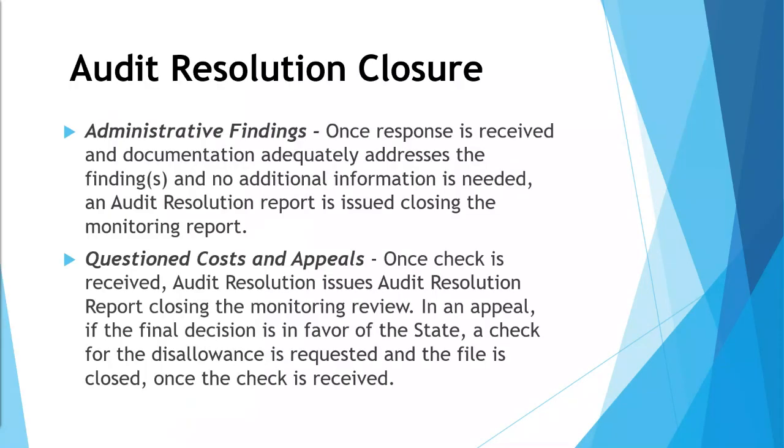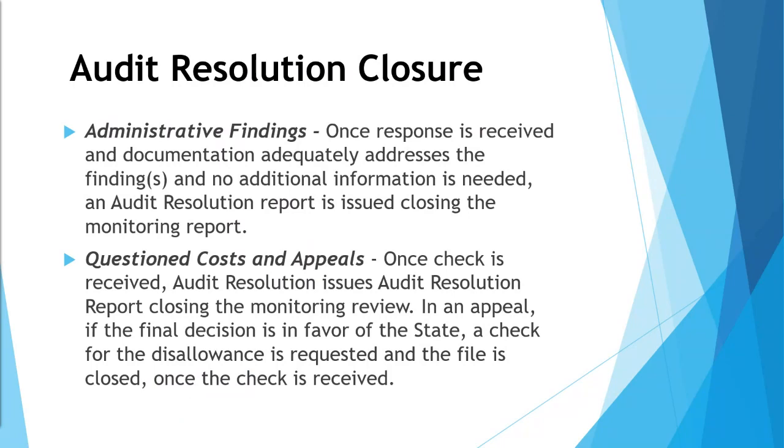After this, it brings us to the audit resolution closure. For administrative findings, once the response is received and documentation adequately addresses the findings and no additional information is needed, an audit resolution report is issued, closing the monitoring report.